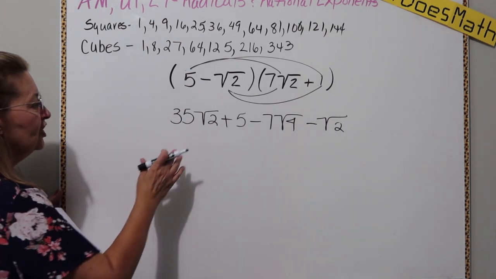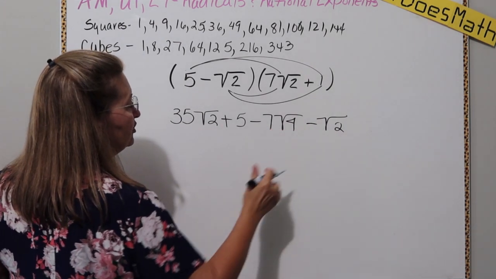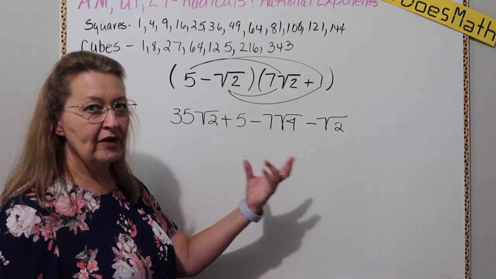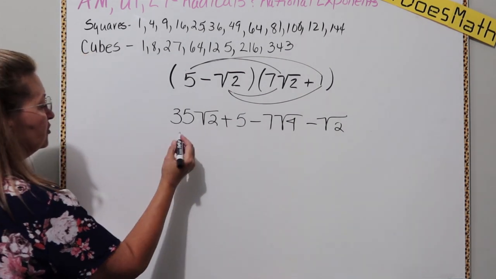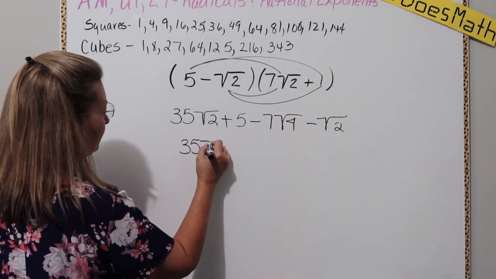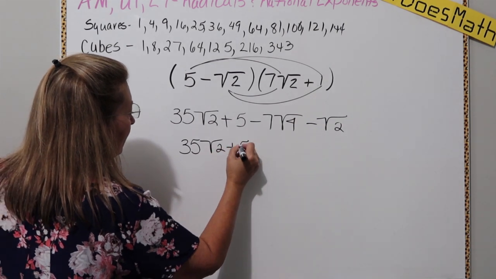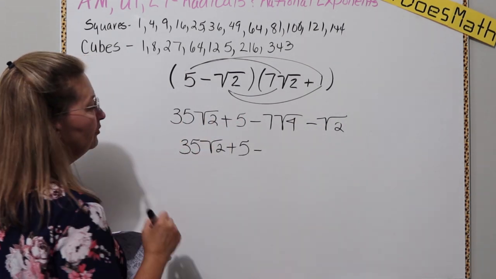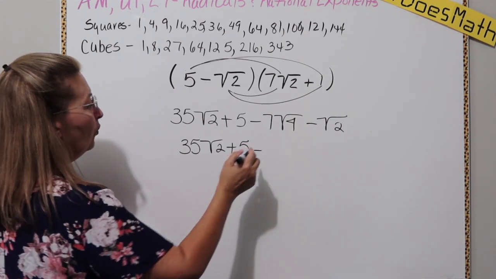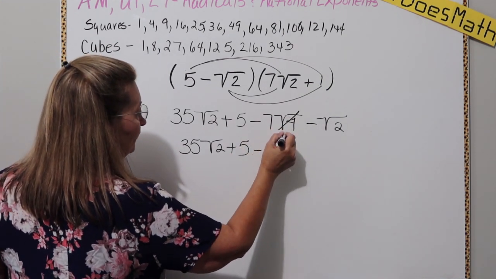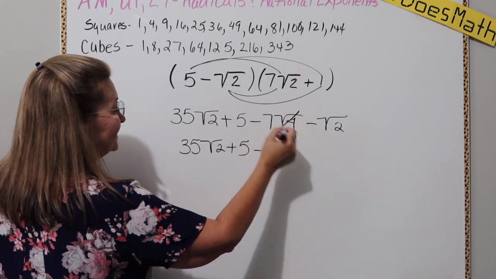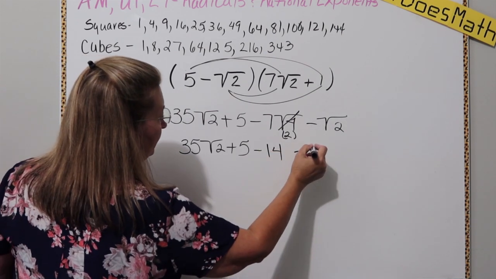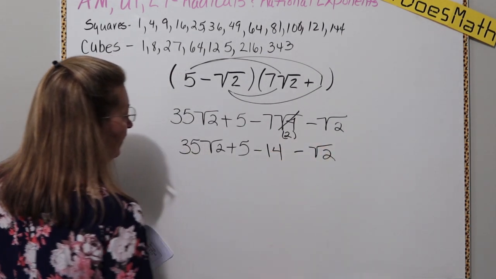First, go through there and check all of your radicals to be sure that they are in simplest form, and that means that there's not a perfect square that will go into them. Now this one is fine, so we're not going to change it. 5 doesn't have a radical, so that's fine. Here's where we come to one that needs to be simplified. What is the square root of 4? Well, that's just 2, and 7 times 2 is 14. Then this square root of 2 is fine.